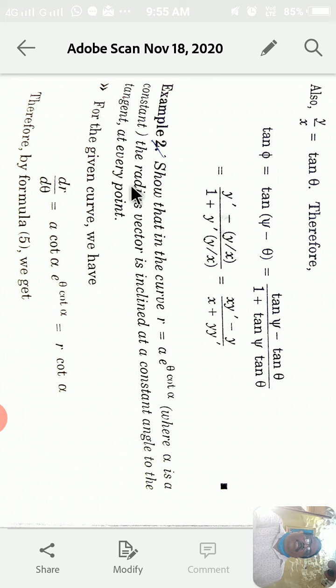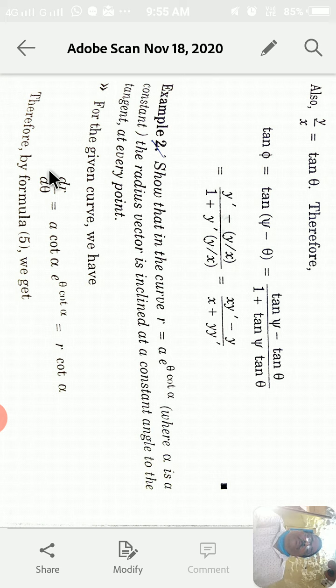That means the angle between the radius vector and the tangent is constant. We have to show that phi is equal to constant.